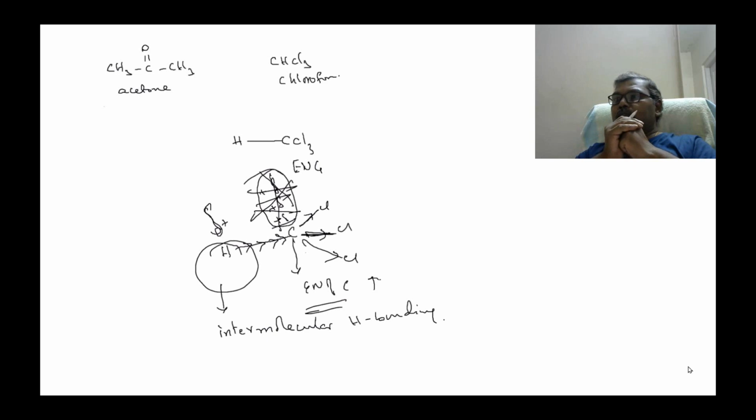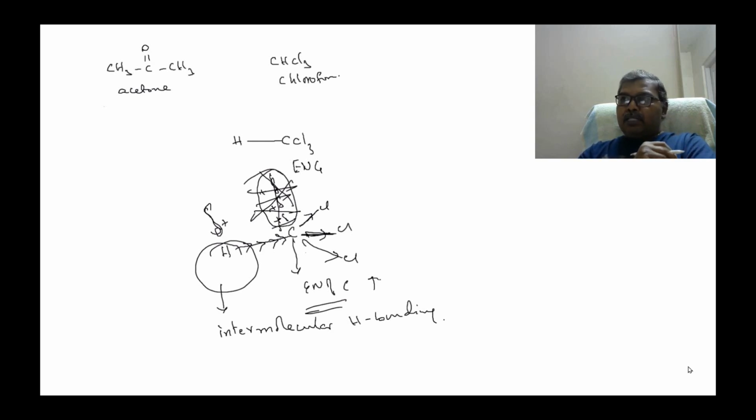Don't take CCl single bond. Take it as CCl3. As three chlorine atoms are bonded to carbon, they pull the bond pair of electrons towards themselves because chlorine is more electronegative than carbon. As a result, more positive charge is developed on the carbon, and its electronegativity increases.